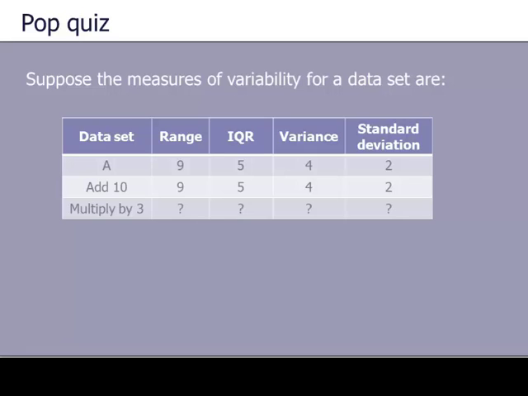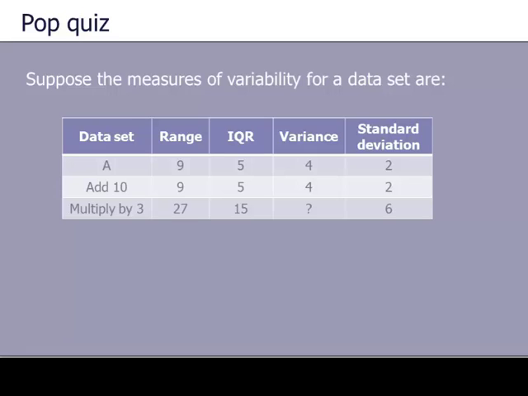So if we multiply every element in dataset A by 3, the new range would be 9 times 3, or 27. The new interquartile range would be 3 times 5, or 15. And the new standard deviation would be 3 times 2, or 6.